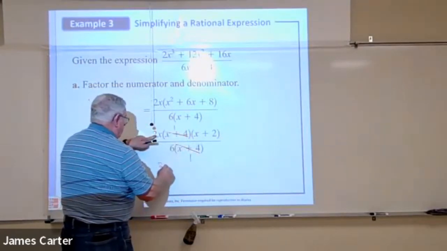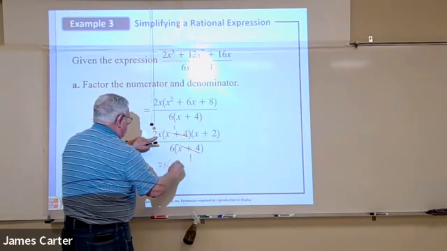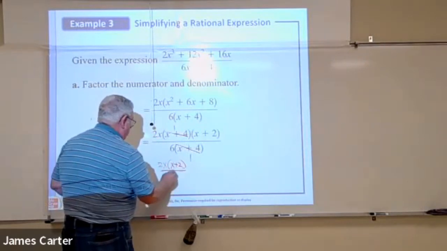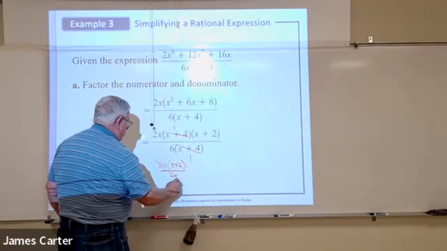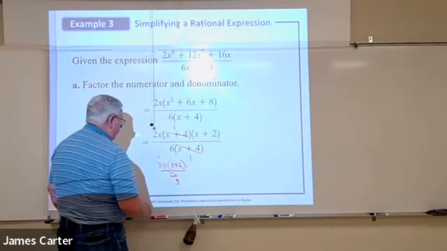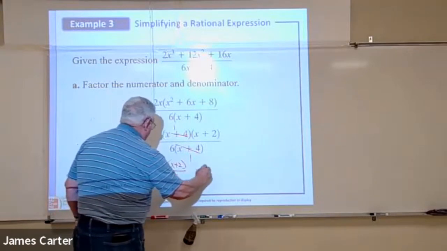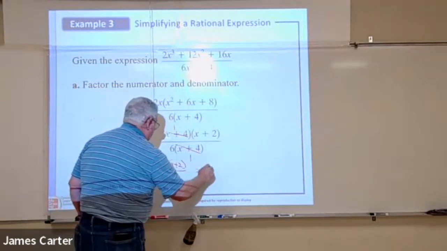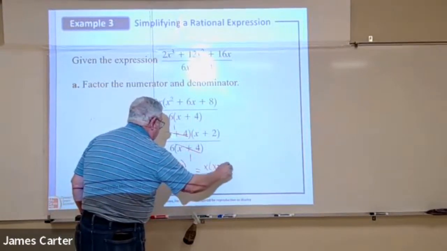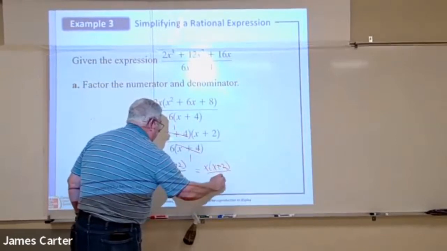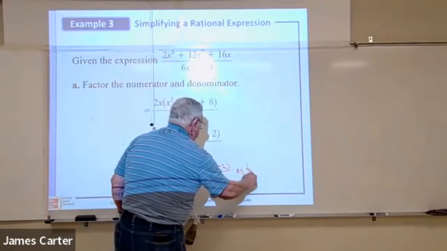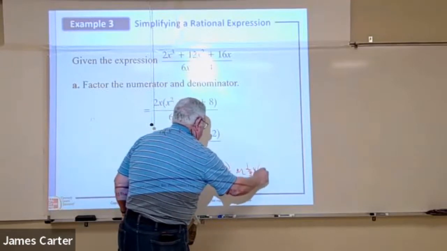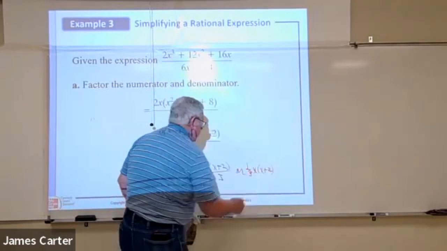So I've got 2x times x plus 2 over 6. The 2 and the 6 can cancel. That'll be a 3, that'll be a 1. So this simplifies to x times x plus 2 over 3, or 1/3 x times x plus 2.